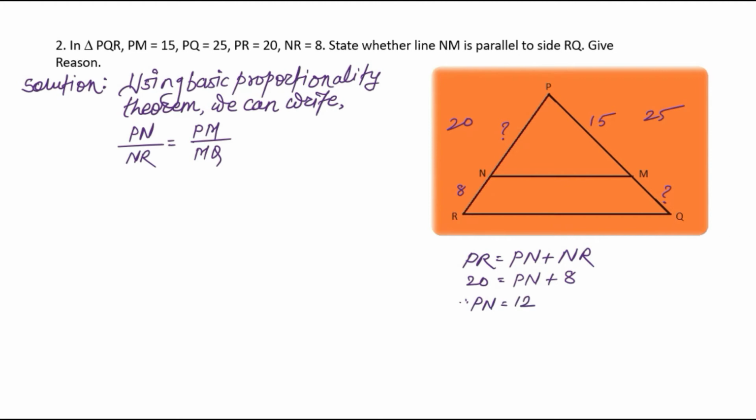Also we can get MQ using PQ is equal to PM plus MQ. So MQ is equal to PQ minus PM.